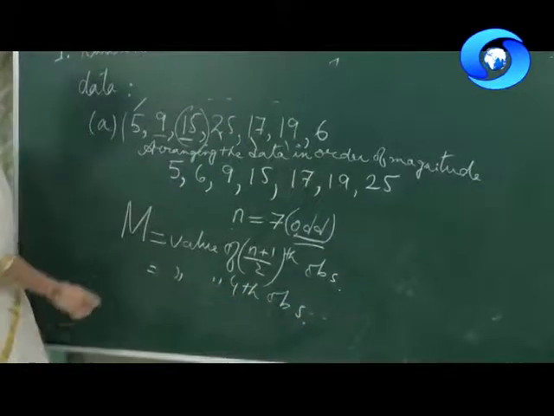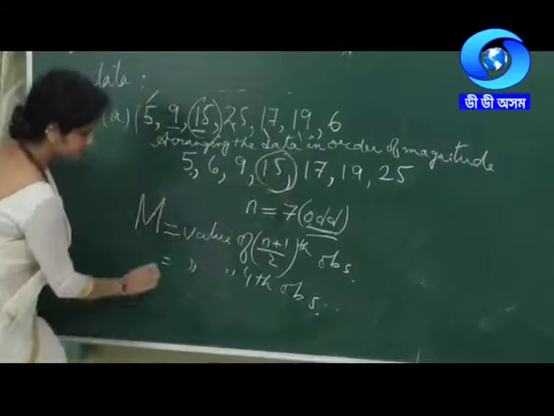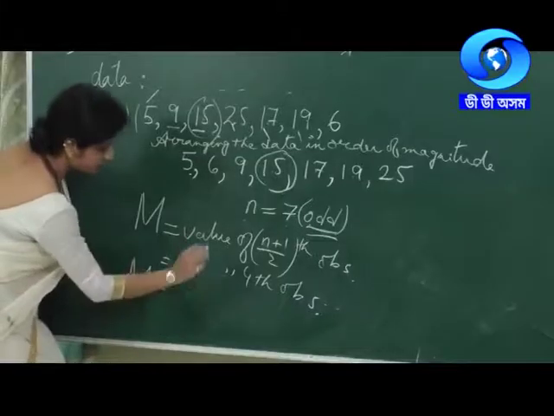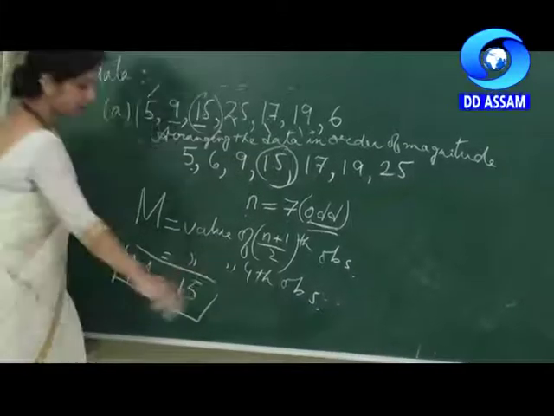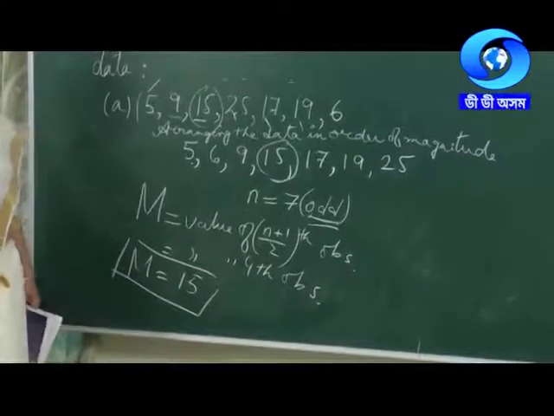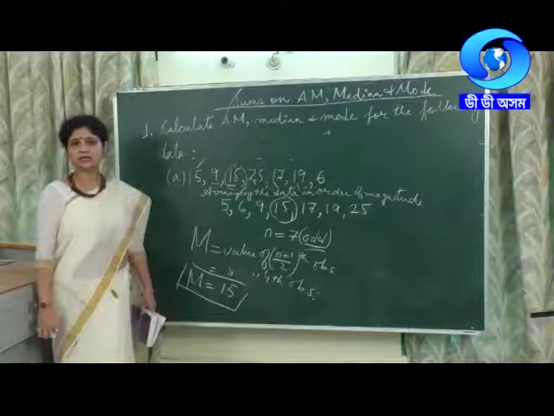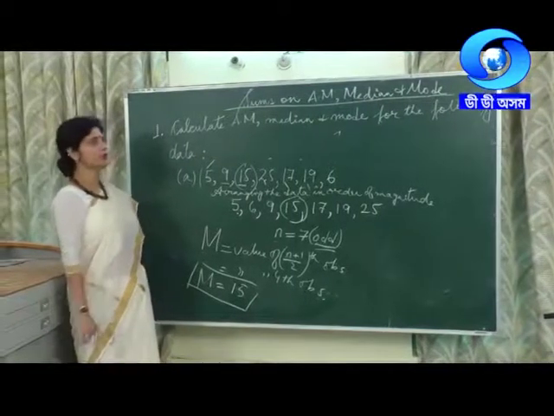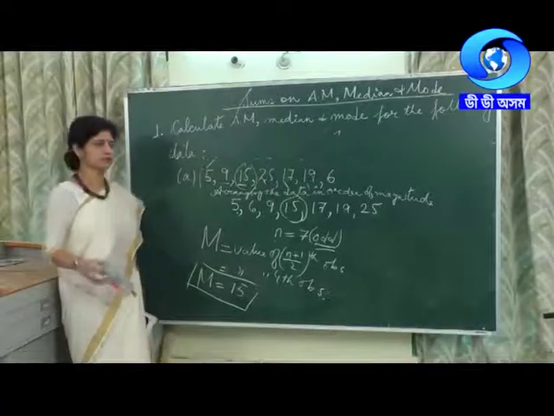What is our fourth observation? 1, 2, 3, 4. The value of the fourth observation is 15. So median will be 15. This is how you calculate arithmetic mean, median and mode for a discrete non-frequency distribution.